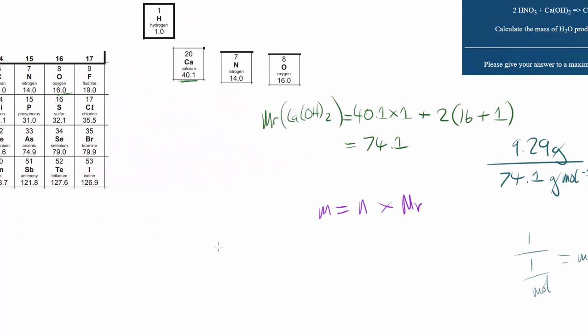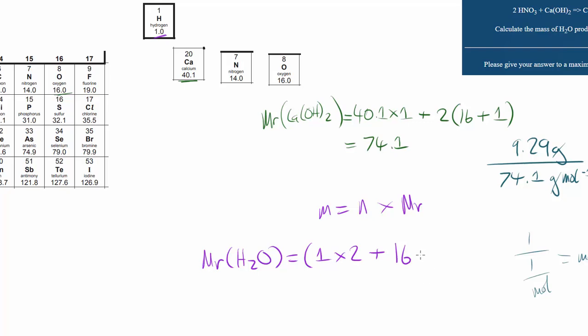So the Mr of H2O is going to be equal to 1, which is the relative atomic mass of hydrogen, multiplied by 2 because of the H2, plus the Mr of oxygen, which is 16.